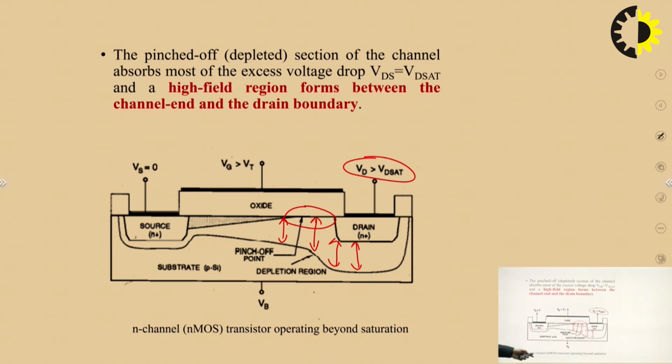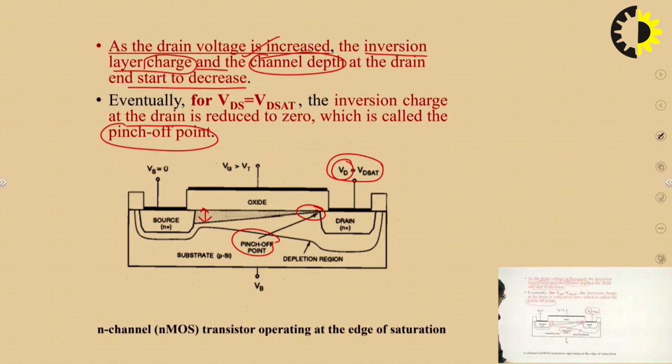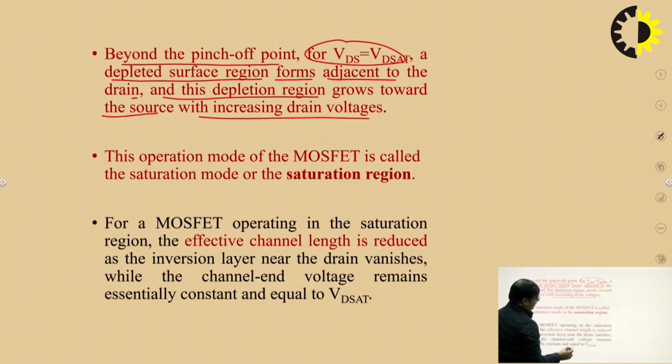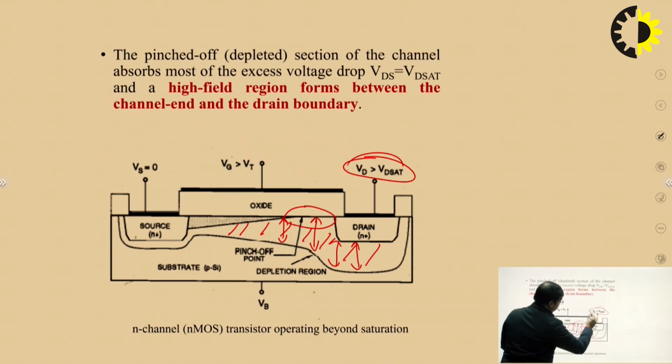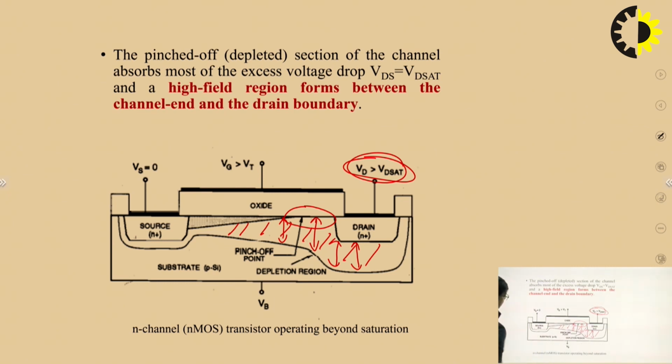If you compare this depletion region in the previous figure, here we can see this depletion region was less, but as the drain voltage is increased greater than saturation level, the depletion region keeps on growing and it is moving towards the source.